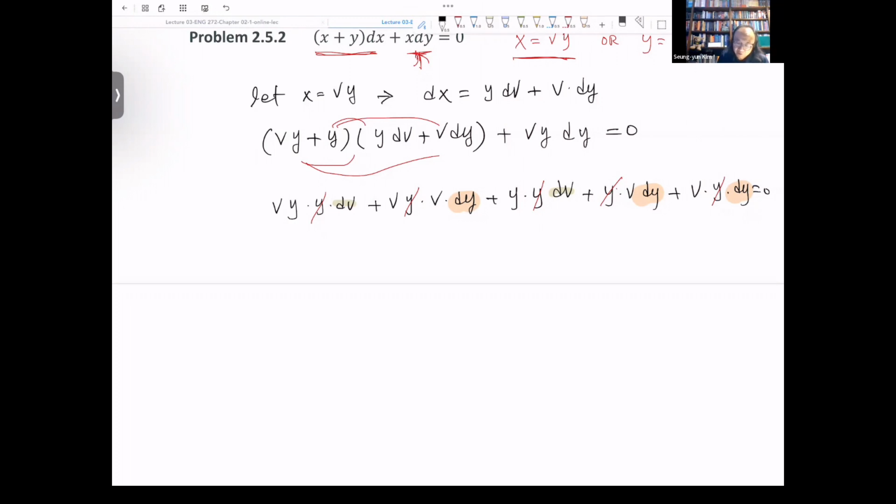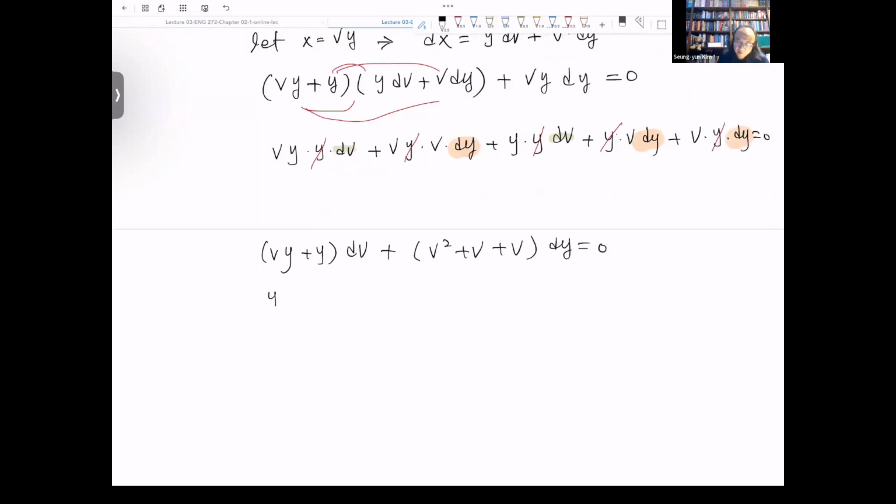So for dv, (vy plus y) dv plus (v squared plus v plus v) dy equals 0. That's y times (v plus 1) dv plus (v squared plus 2v) dy equals 0.